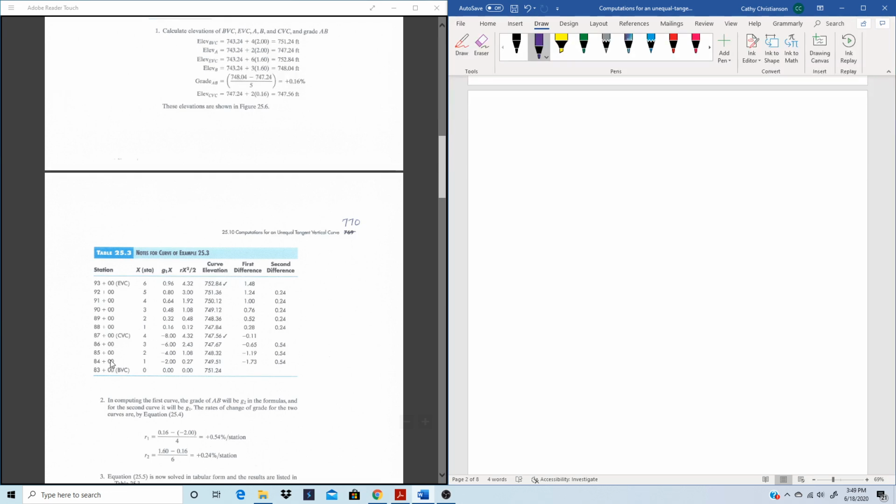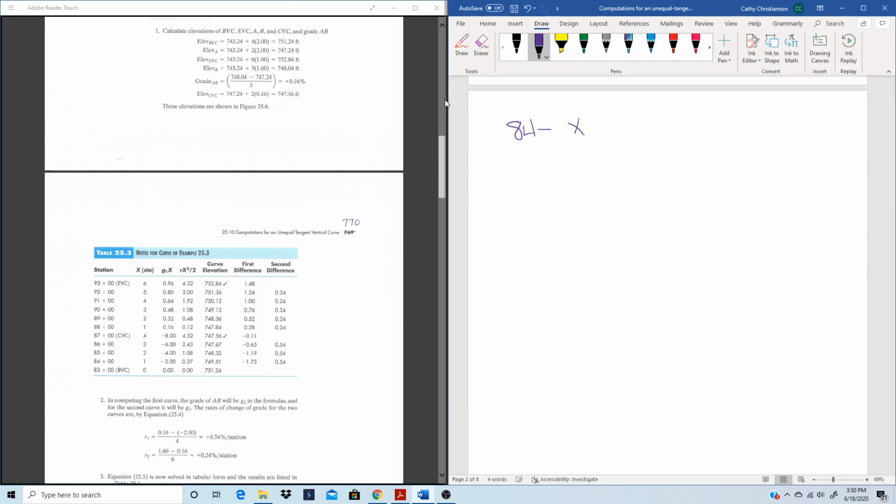And to go to 84, this X is always in stations, so 83 to 84 will be 1. And the distance is always back to the beginning vertical curve. So from 85 to 83 would be 2. We're going another 1 station, 3, and 4. So the only thing we need to do now is put the beginning vertical curve. And so for 84, for me to calculate 84, it is 1 station.